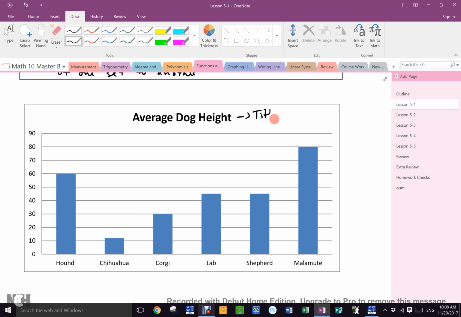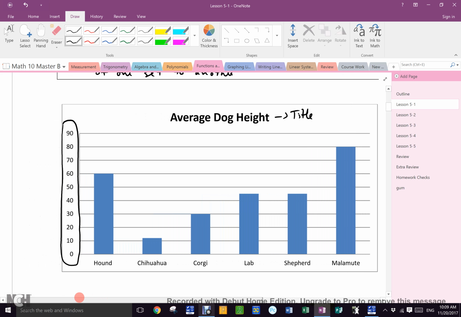And the title is usually one of the sets involved. Your graphs need two more things. One, they need a scale. And they need, wait, that's actually not a scale. I'm sorry, you guys. They need an amount and a scale.